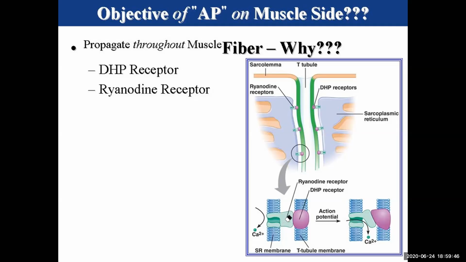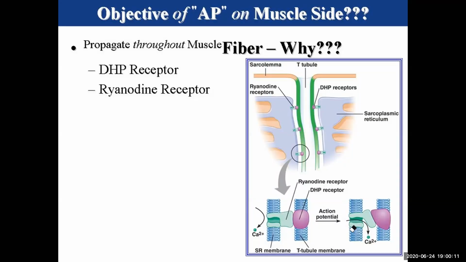So once you change its shape, it opens up, and then there's a pore, calcium just sneaks out, and that's an example of facilitated diffusion. Calcium just diffuses out based on concentration gradient. And when calcium gets out, you know the rest is history.